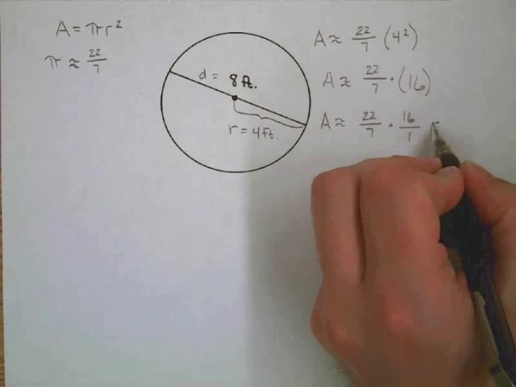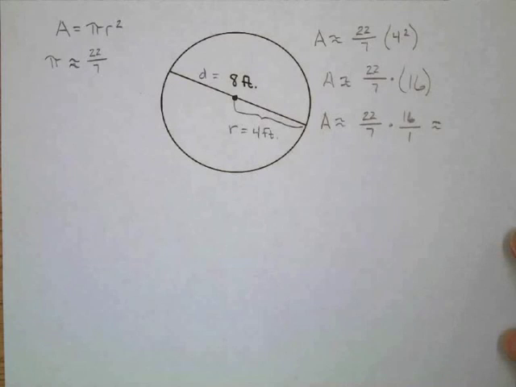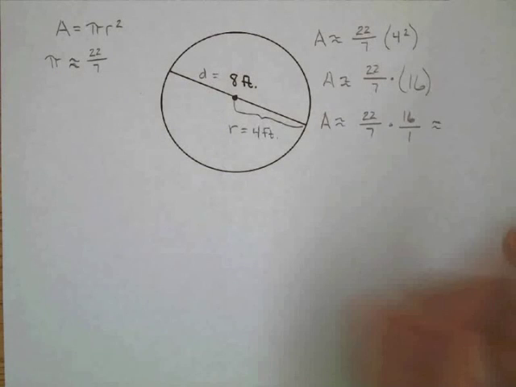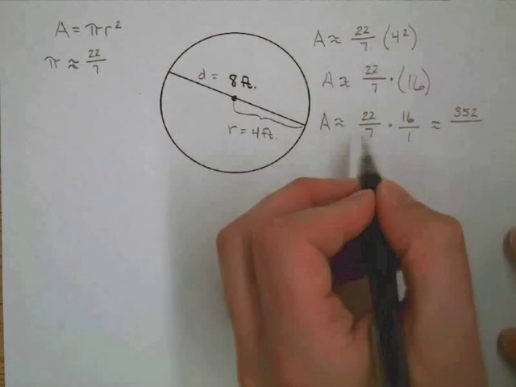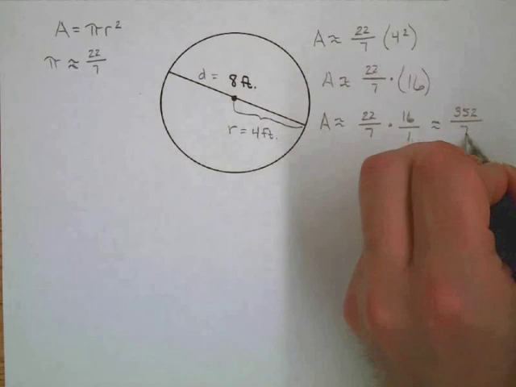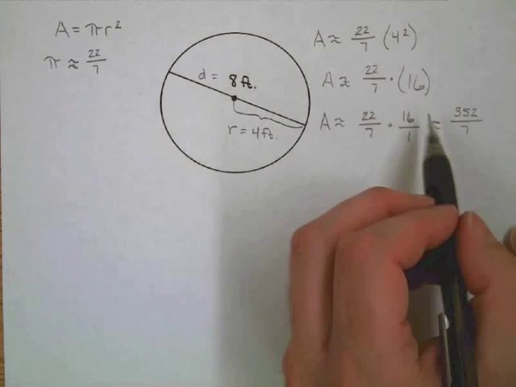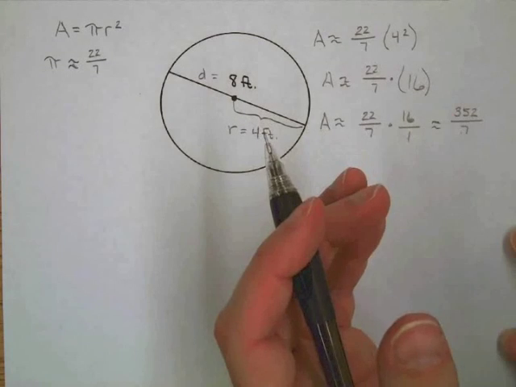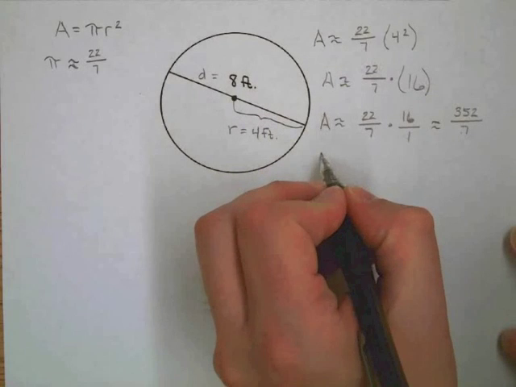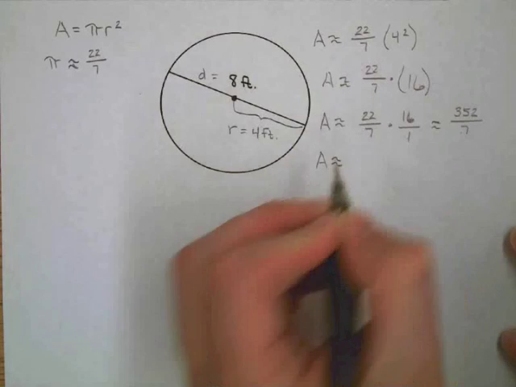So I can now do a little multiplication there, and 22 times 16, if I multiply that out, that's 352. And 7 times 1 is 7. So I end up with my area being about 352 sevenths. Well, that's an improper fraction. I could leave it like that, but I want to make it into a mixed number, a little easier for me to think about.